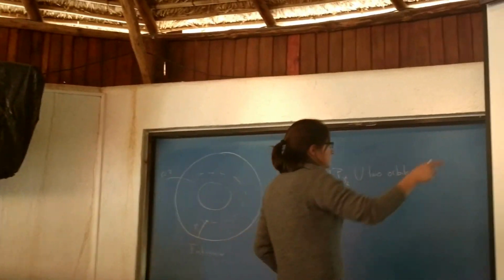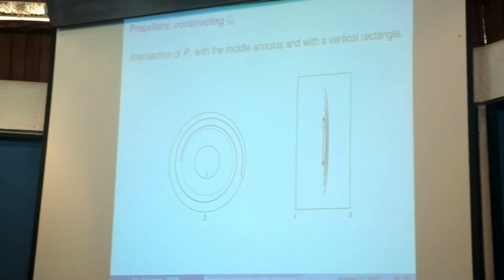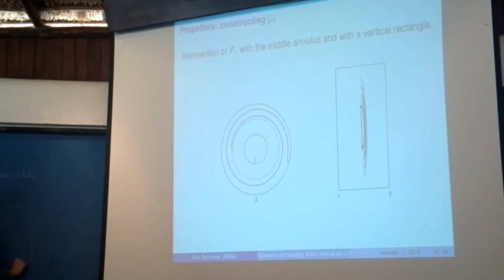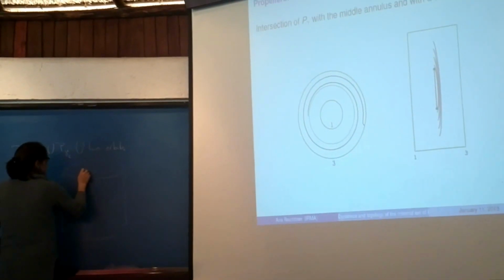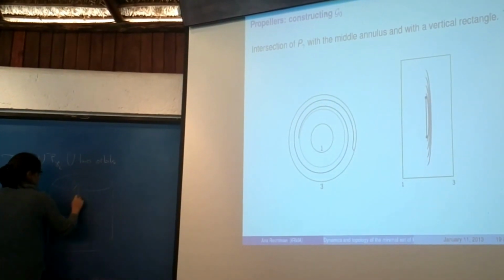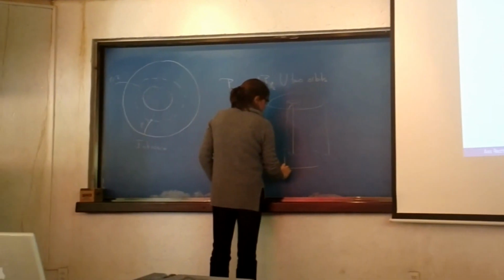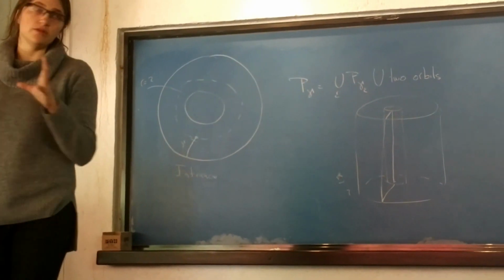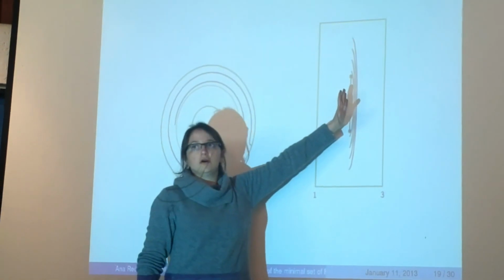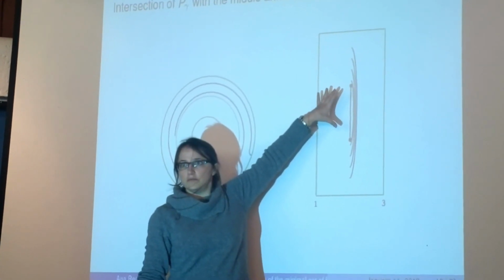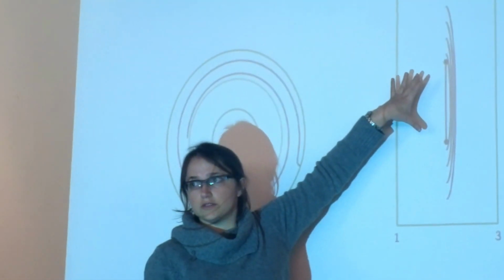And if you think, so I erased my clock, but if you think of the clock like this, and you take some rectangle here, the intersection with an infinite propeller will give you an infinite sequence of curves that are accumulating on this vertical arc that is the red cylinder between the two special periodic orbits.